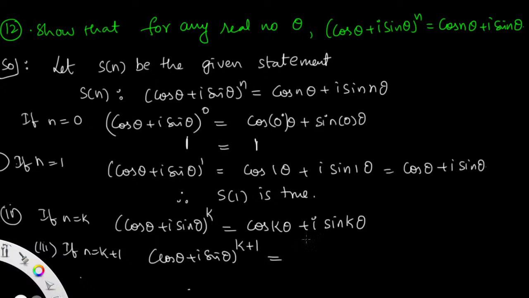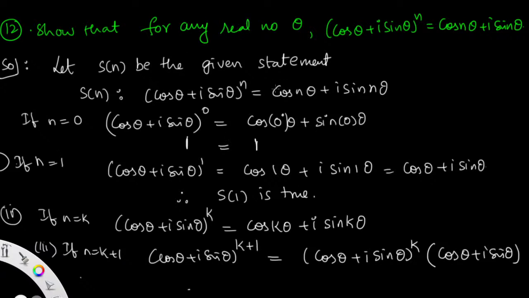We write this in the form a to the power of n plus 1, splitting the term: (cos theta plus i sin theta) to the power of k into (cos theta plus i sin theta). But (cos theta plus i sin theta) to the power of k we just proved equals cos k theta plus i sin k theta. Then write it as it is and multiply.